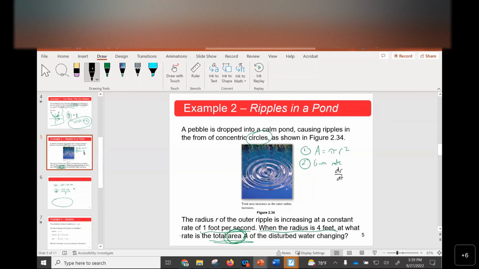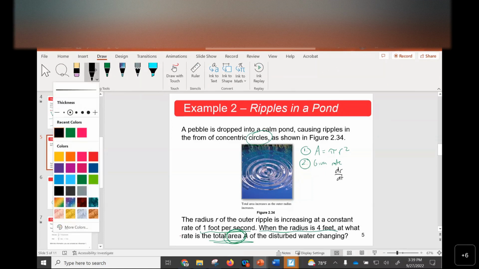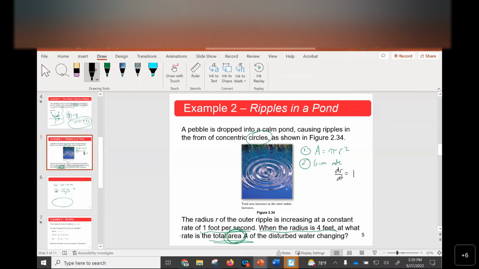I want the actual value for dr/dt when the circle's 4 feet wide, or the radius is 4. How fast is the radius changing? It's given in the problem, but it's just kind of hidden in words a little bit. Would it be constant, one? One? Yeah, go ahead. One. Very good. One. That's dr/dt, right?